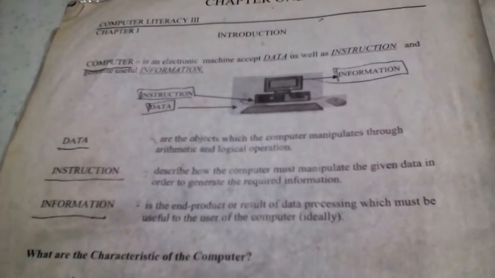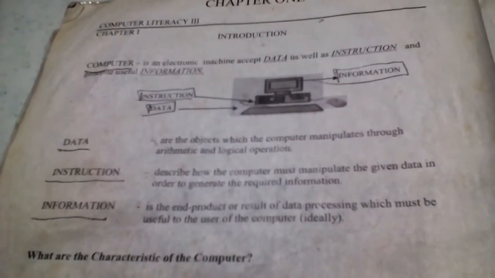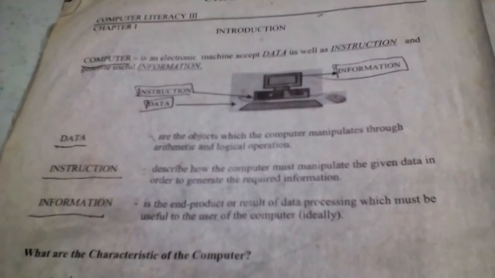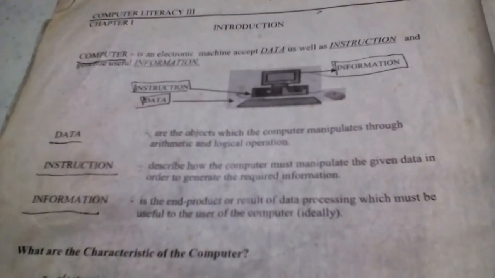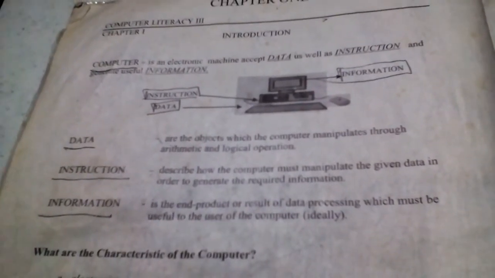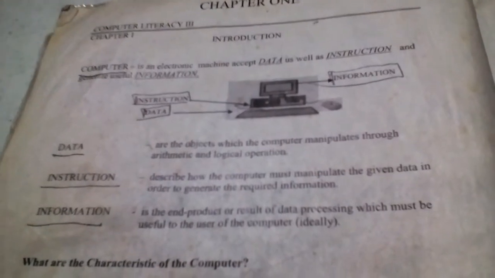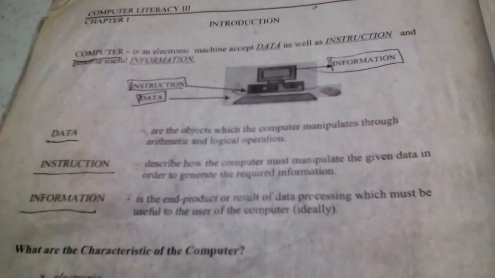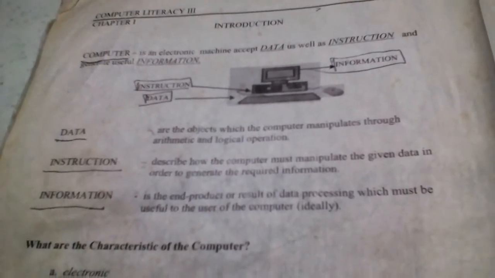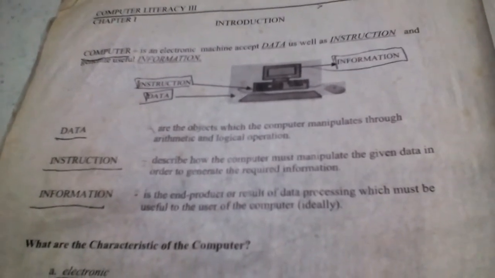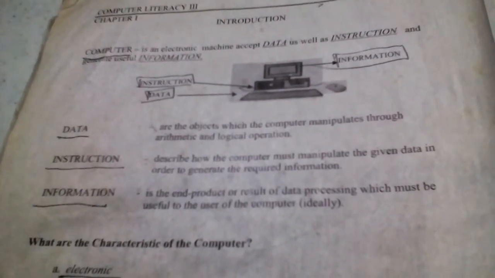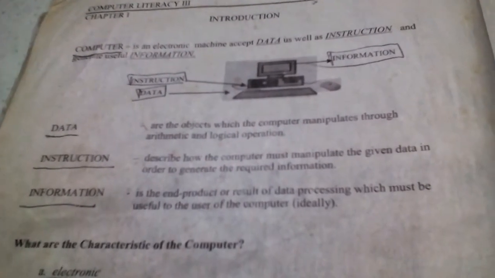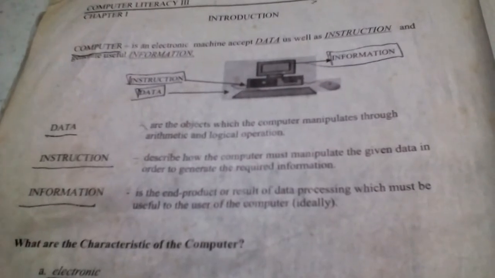After gathering some requirements or ingredients, we need to follow instructions on how to make bread. Then lastly, information is the end product or result of data processing, which must be useful to the user.